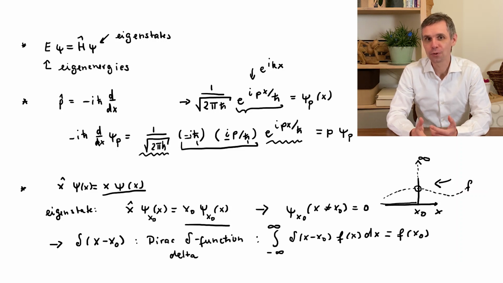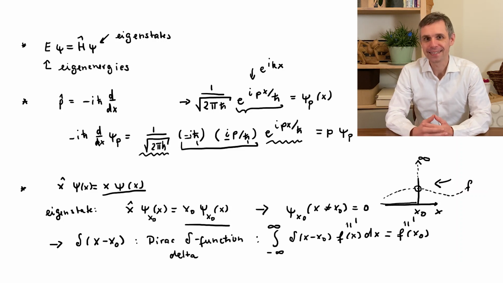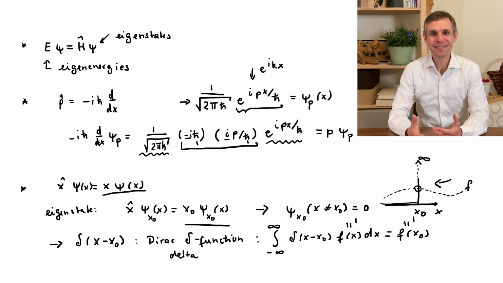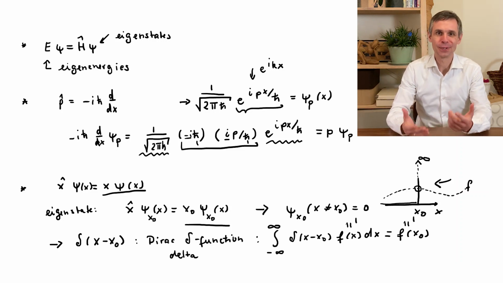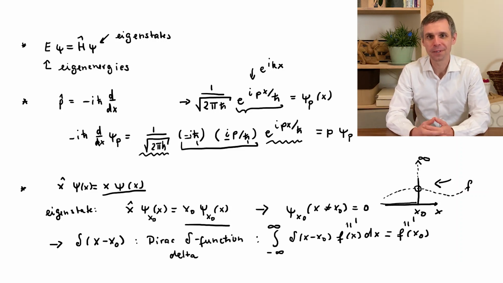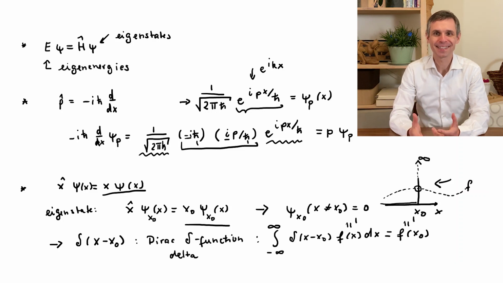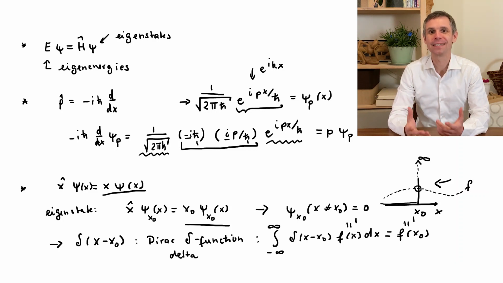So for instance, if you replace this function just by 1, so by a constant function, so that you just integrate over the delta function, you would get 1 on the other side. Which means that the delta function is 0 everywhere, but for a certain point, and at this point it is large enough so that the area below it is actually 1.